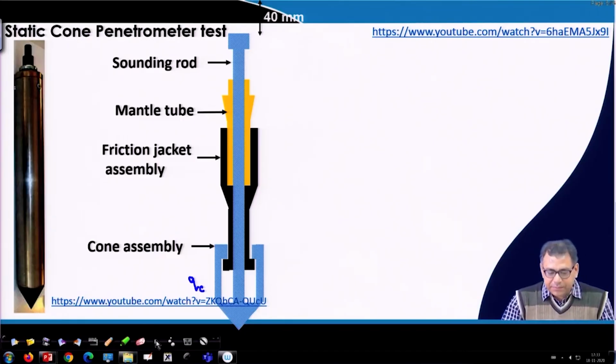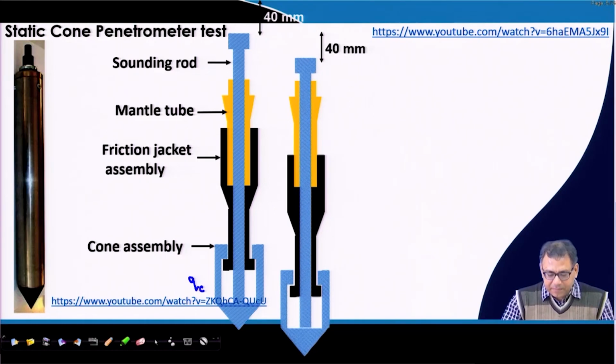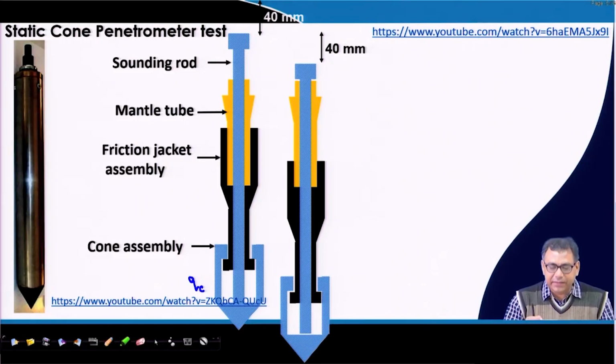Now, the next stage: the sounding rod, the cone assembly and the friction jacket all are pushed into the soil by 40 millimeter.